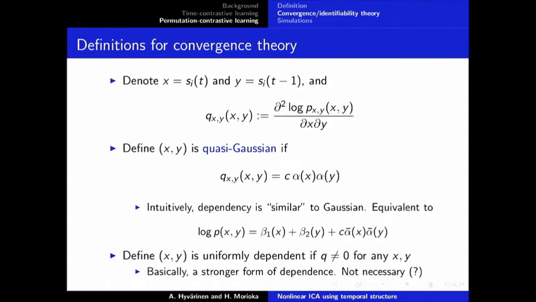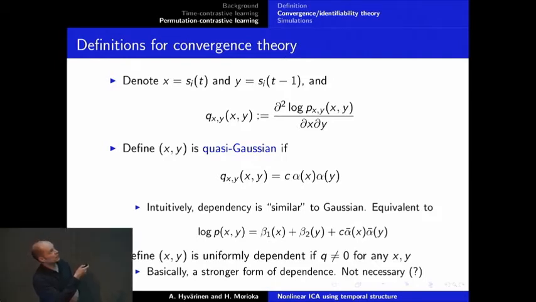Before going to the actual theorem, we need to introduce a couple of definitions on the temporal dependencies of the independent components. So, for simplicity of notation, let's denote one independent component at time point t as x, and by y the previous time point. And let's look at the cross derivative of the log PDF of those 2 subsequent time points.